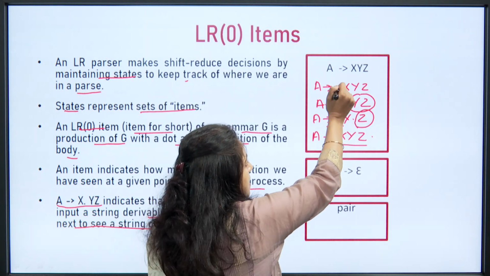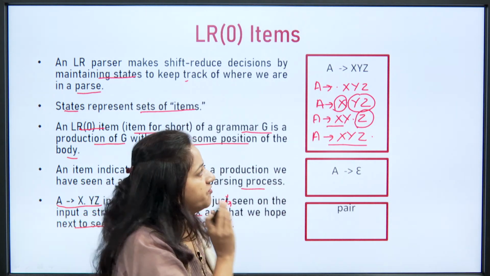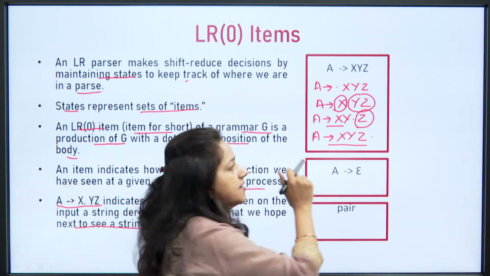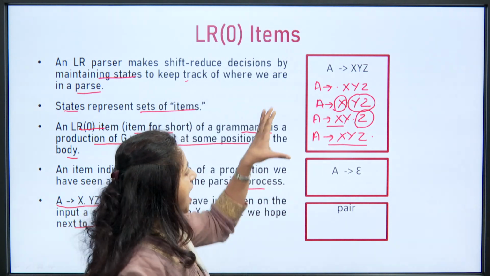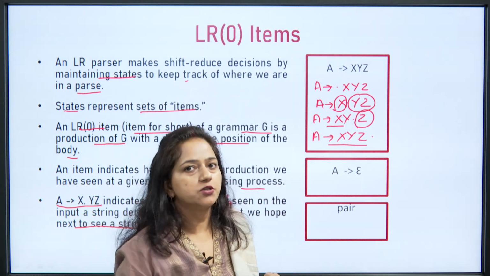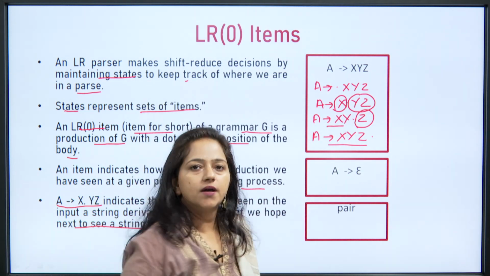And similarly, if the dot is at the beginning, it means we hope to see a string derivable from X Y Z. So, these are the possible LR0 items for this particular production.